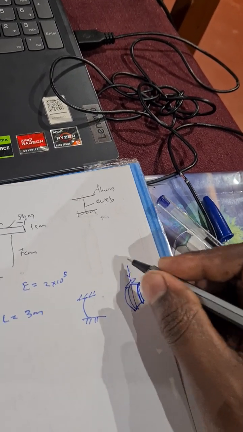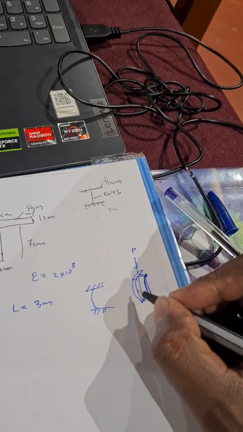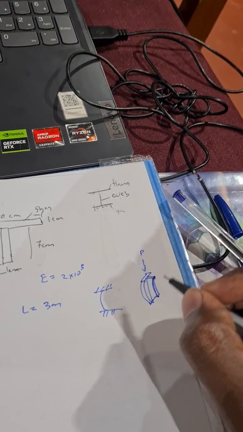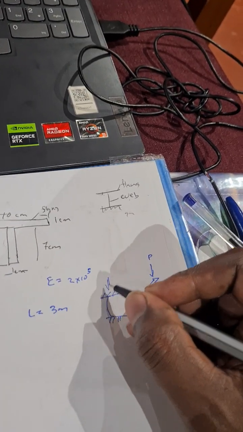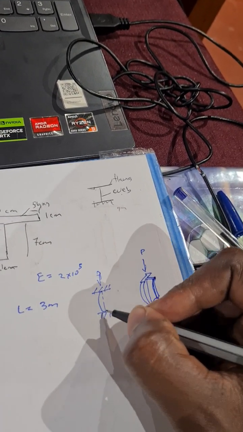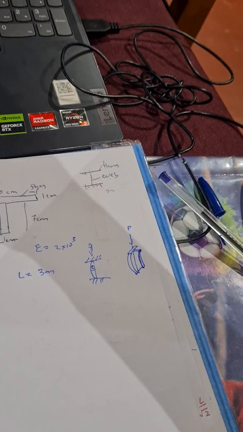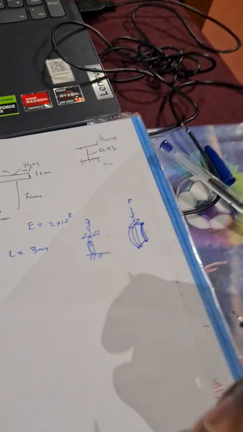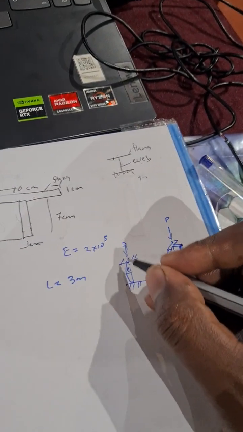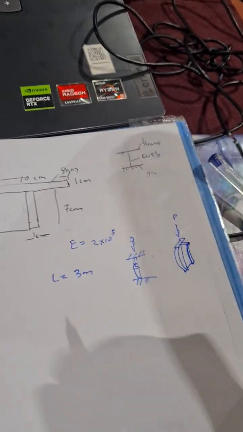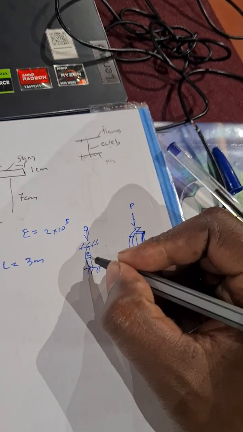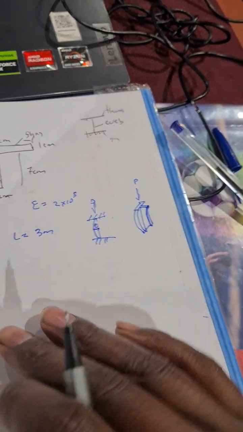So that's P, we are introducing force P, and then it's bent. This was the initial position. That's why I was saying e, because remember eccentricity from chapter 11. So this distance from here is e.